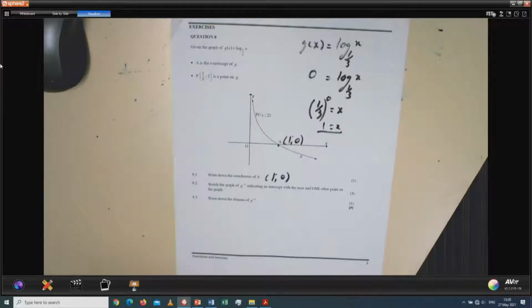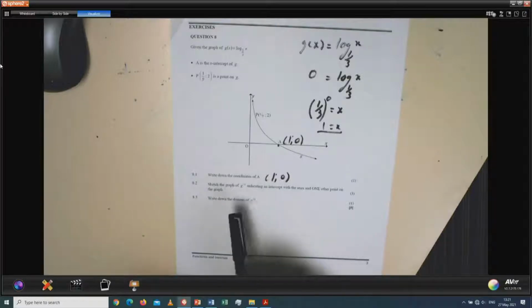And if it's decreasing, even the inverse will also be decreasing. Go back to the notes that we discussed earlier. I did indicate the relationship between exponential and log. If the function is increasing, even the inverse will also increase. If the function is decreasing, even the inverse thereof will also be decreasing.